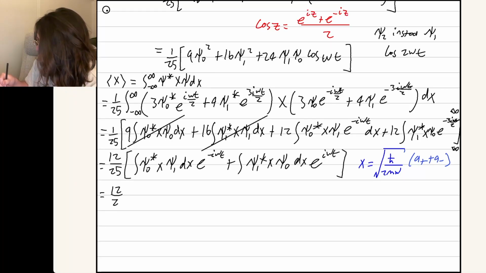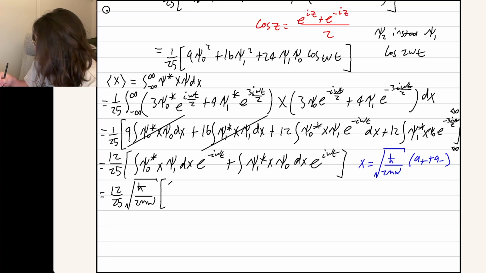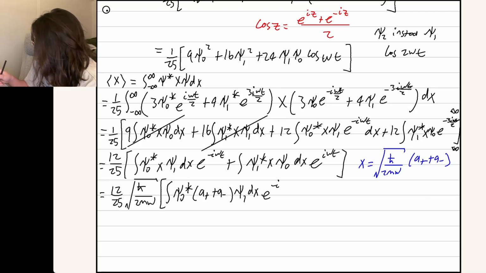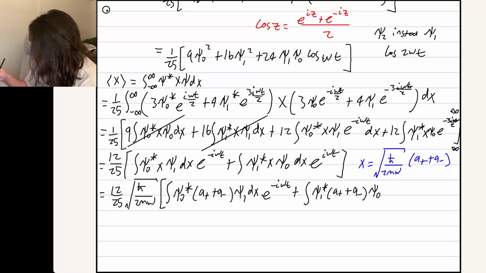We're going to have psi 0 star a plus plus a minus psi 1 dx e to the minus I omega t plus integral psi 1 star a plus plus a minus psi 0 dx e to the I omega t.